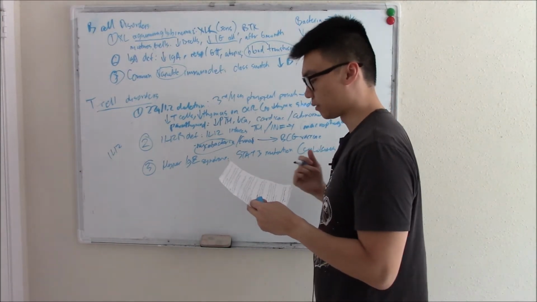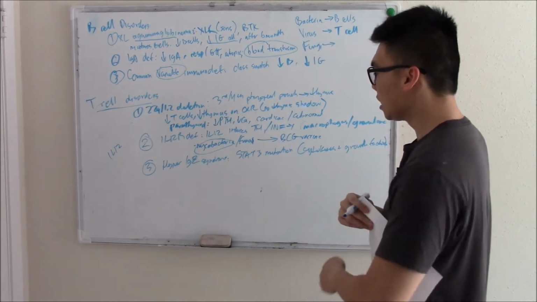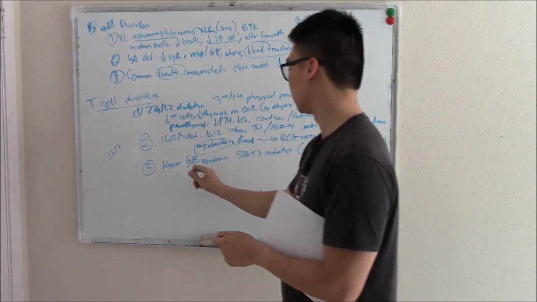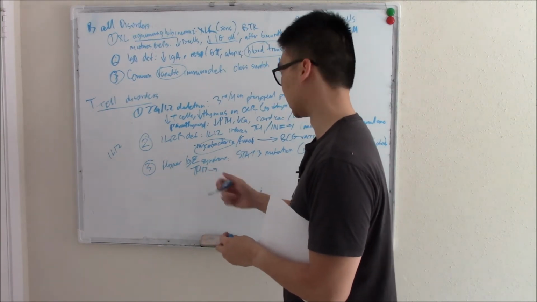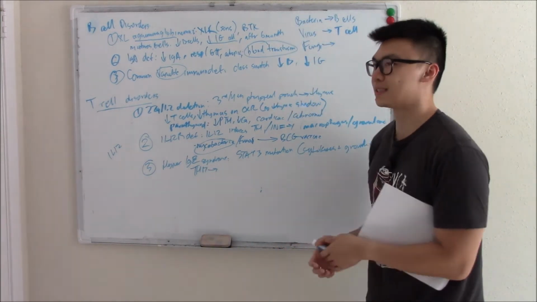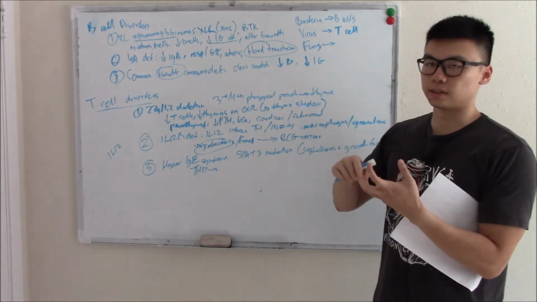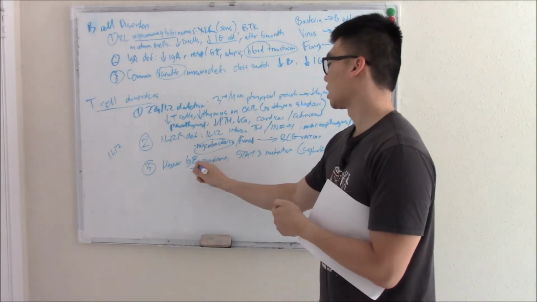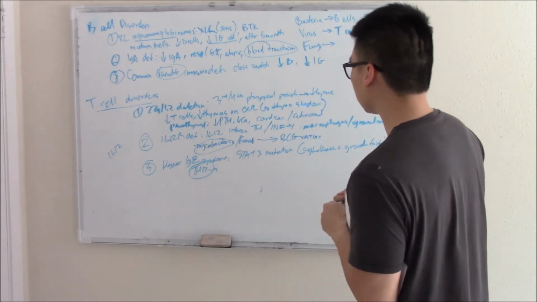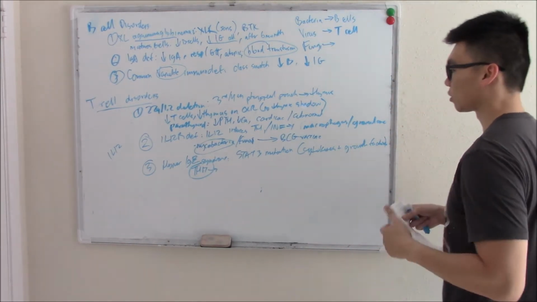In particular, the T helper 17 cell can't release these. And T helper 17 is a T helper that releases interleukin 17. You don't need to know what it does, but it affects the cell. And there's a mutation, and it can't release cytokines, can't release growth factors.